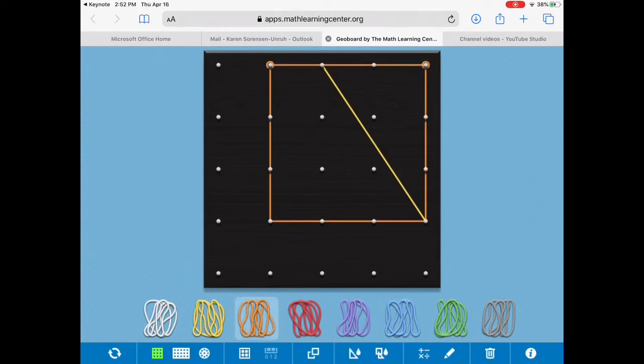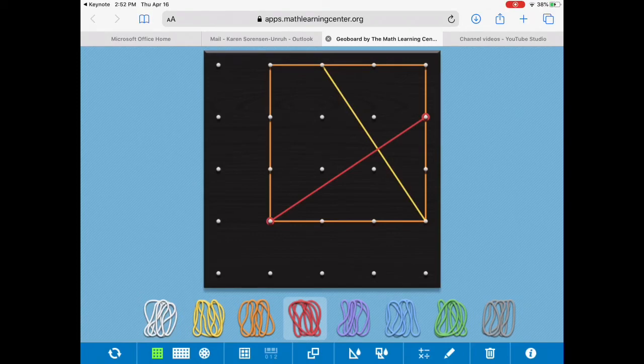So again, the top line segment is going to be rotated and become the right line segment. So here I had one space in, I had the end of my rubber band, so that's going to become one space in on the right. That's right here. The bottom right corner is going to become the bottom left corner. And I have perpendicular line segments.